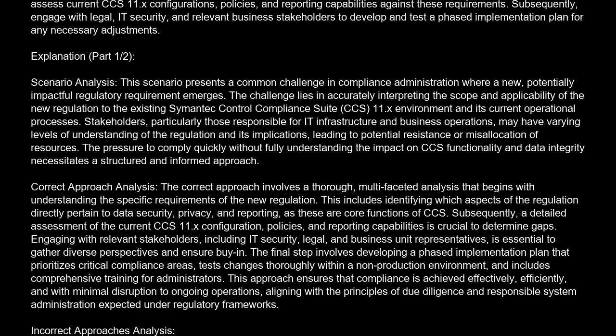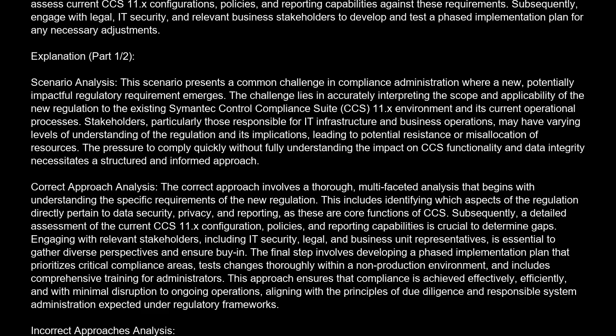The correct approach involves a thorough, multifaceted analysis that begins with understanding the specific requirements of the new regulation. This includes identifying which aspects of the regulation directly pertain to data security, privacy, and reporting, as these are core functions of CCS. Subsequently, a detailed assessment of the current CCS 11X configuration, policies, and reporting capabilities is crucial to determine gaps. Engaging with relevant stakeholders, including IT security, legal, and business unit representatives, is essential to gather diverse perspectives and ensure buy-in.